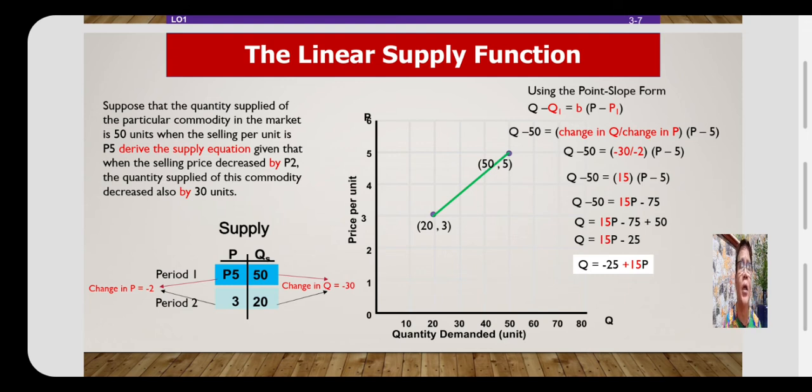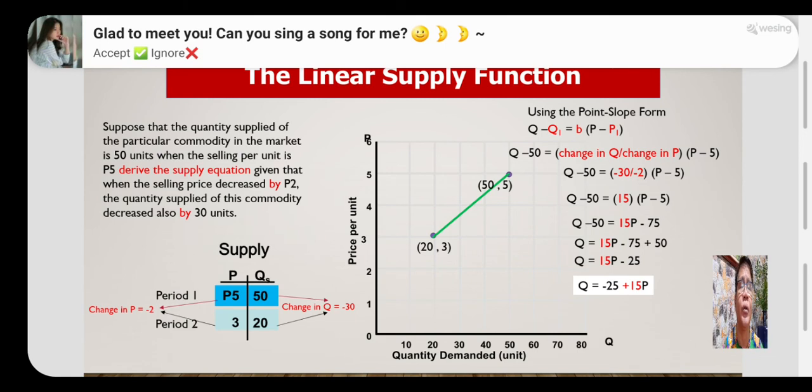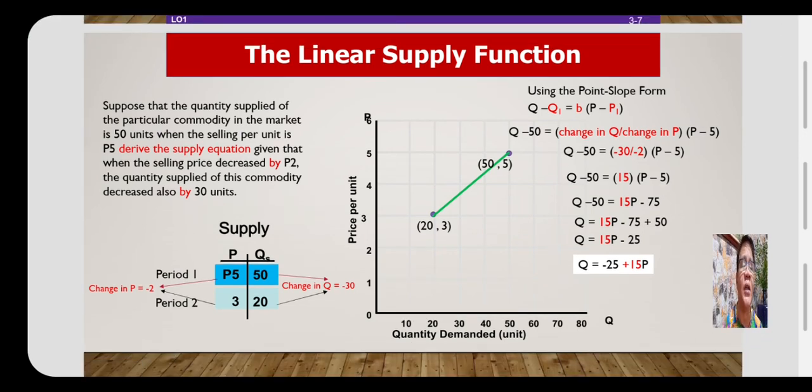So again, using the steps we have previously dealt with, we will now substitute the values corresponding to the change in Q and the change in P.